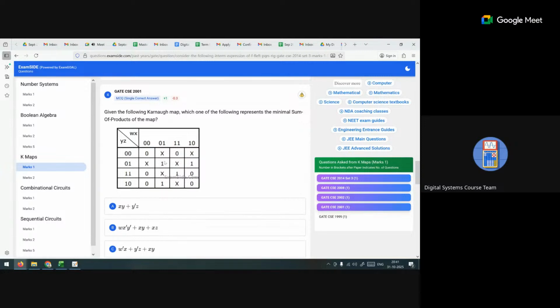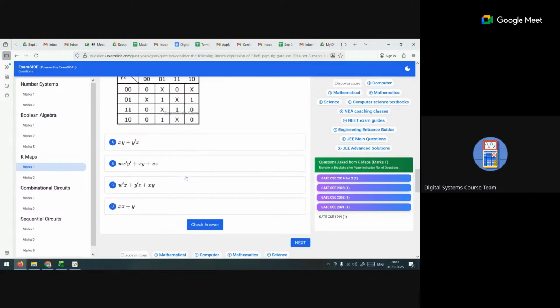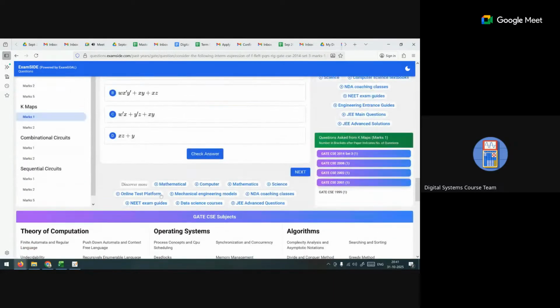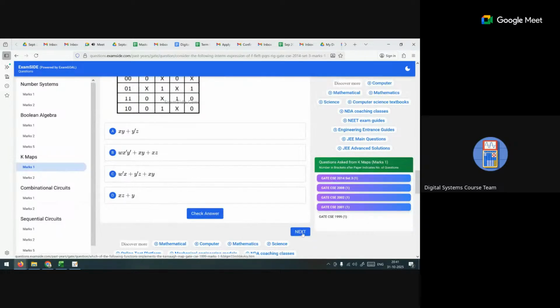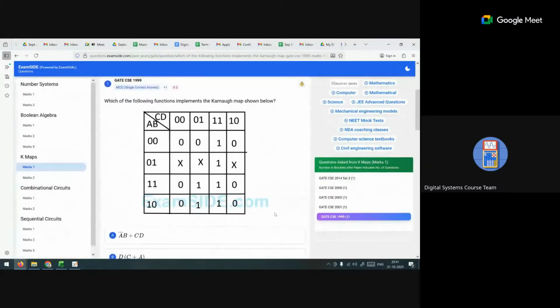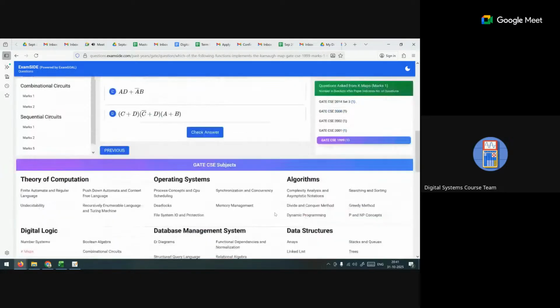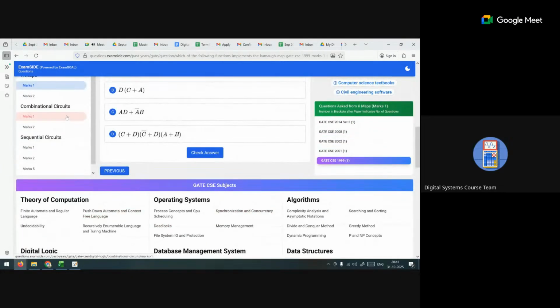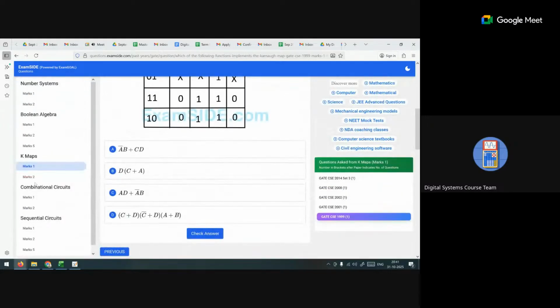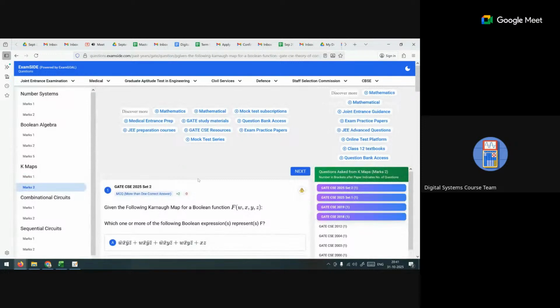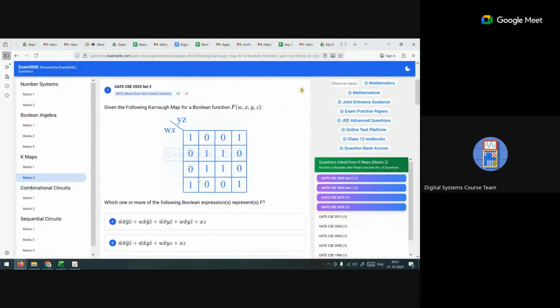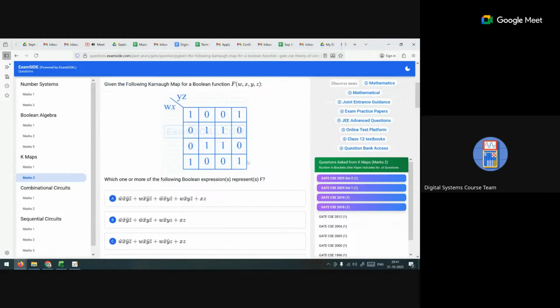In these two groups, all min terms are covered. So two groups are required. That is also simple. The middle one is a group of 4 and the 4 corners will be a group of 4. So two terms are defined.